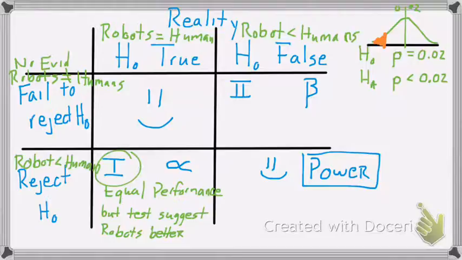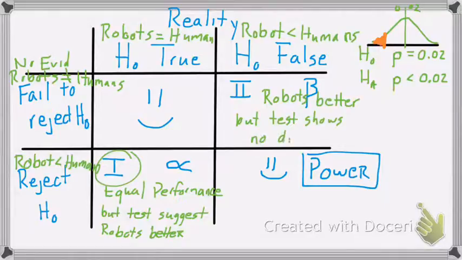A type 2 error in context would mean that robots are actually better than humans, because they would have a smaller error rate, but the test shows no difference. The disadvantage to a type 2 error in this case is that the company would not invest in the robots, even though they could have helped improve performance.